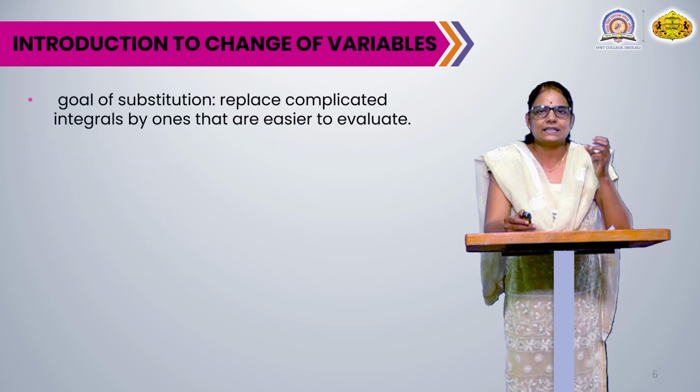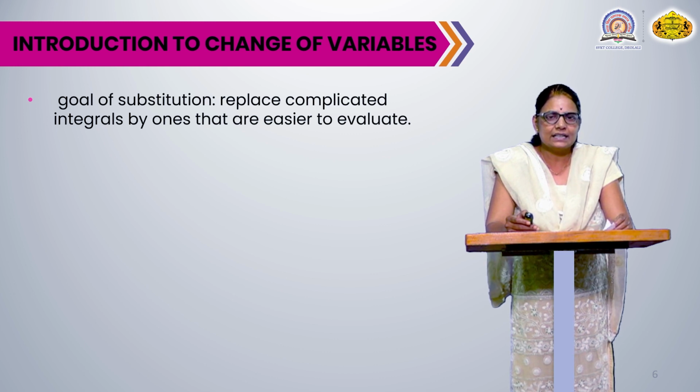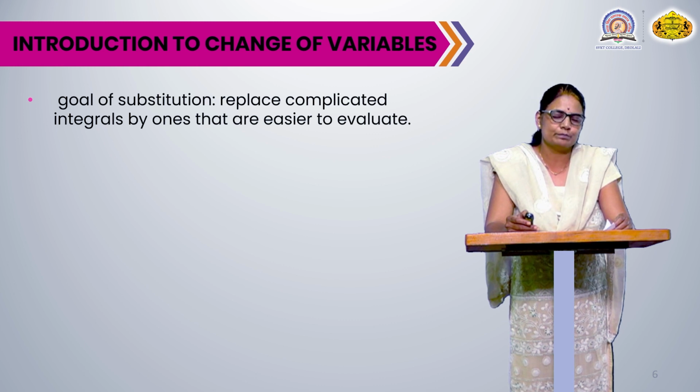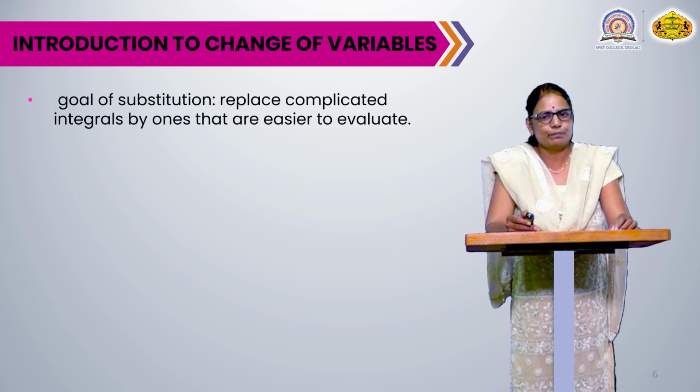We already studied this type of problem, that is, change of variable in the case of a function of a single variable. When the integral is complicated, it is not easy to solve directly, so in some cases we use the substitution method in the single variable case. The goal of substitution is to make a complicated integration simpler.